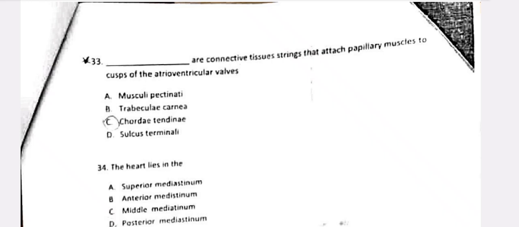They are connected to the papillary muscles of the heart by the chordae tendineae. If you have not seen this, I would recommend that you download a picture showing the internal structure of the heart. You will see that the chordae tendineae are the connective tissue attaching the papillary muscles to the atrioventricular valve cusps of the heart. So the correct answer here is C.